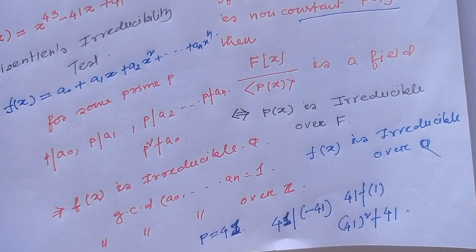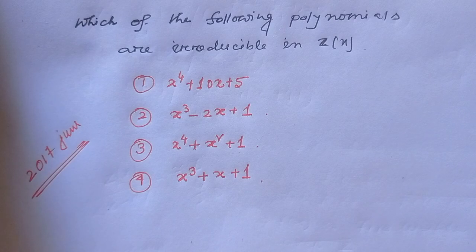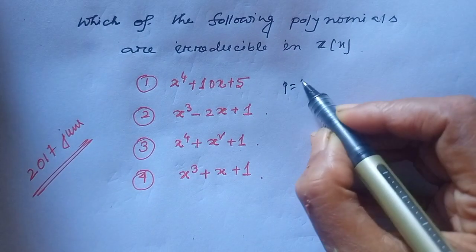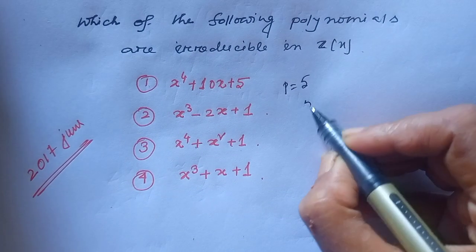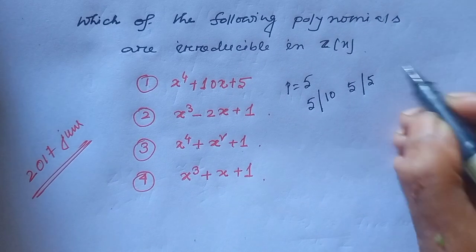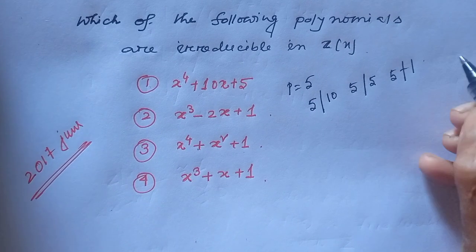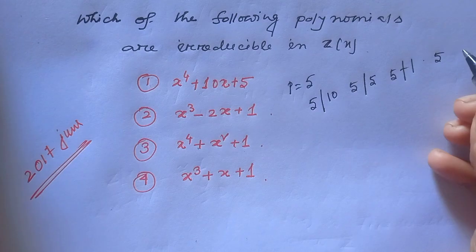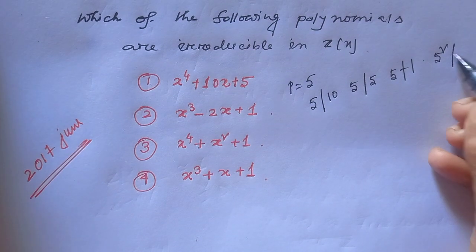Okay. Next question. Which of the following polynomials are irreducible in Z[x]? Option 1, x^4 plus 10x plus 5. Here use the mod p irreducibility test. Consider p equals 5. 5 divides 10, 5 divides 5, but 5 does not divide 1, and 5 squared does not divide 5.